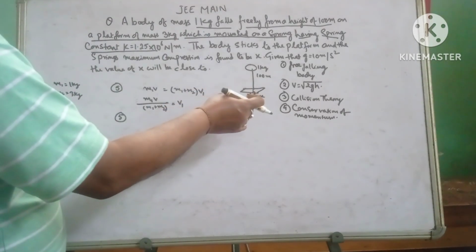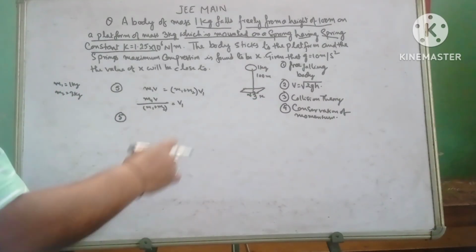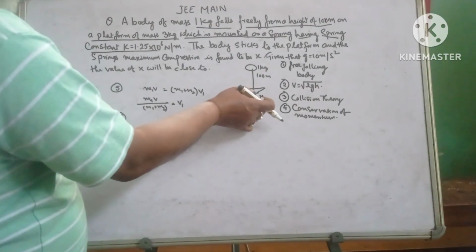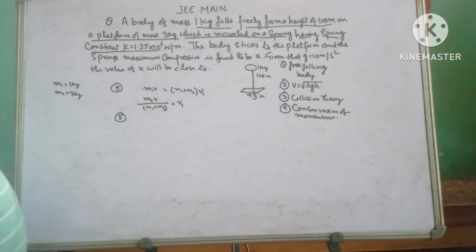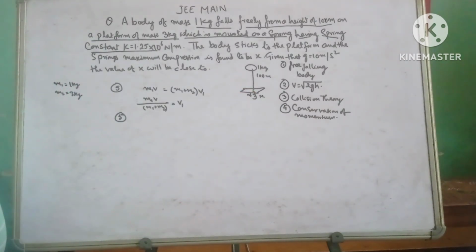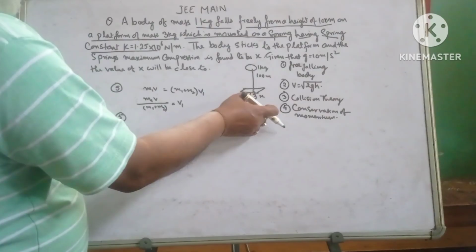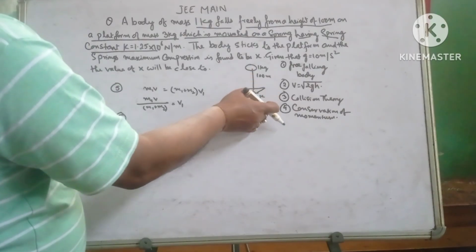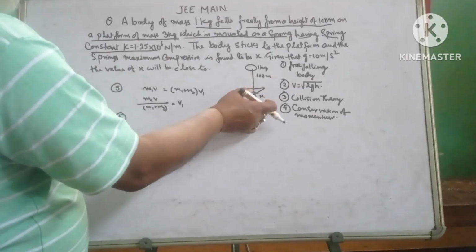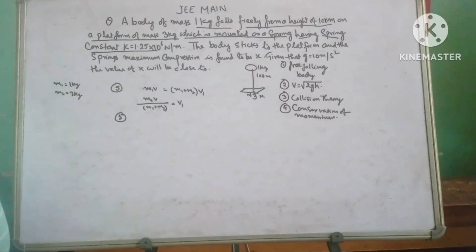Your next step will be the work energy theorem. That means here some work has been done, and that work has been converted into kinetic energy. It has fallen through a height of 100 meter, so it has done some work, and this work is the potential energy.